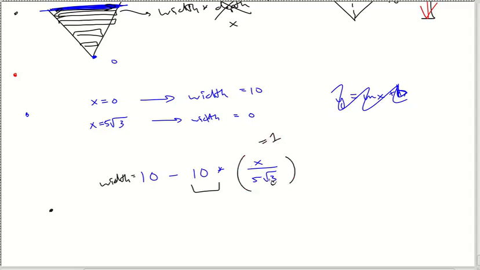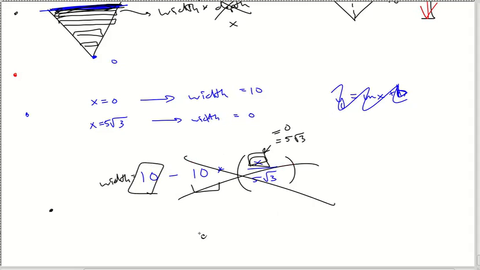If this guy's equal to a 1, what's going on is that this right here must then equal the 5 square root 3. Therefore, 5 square root 3 and 5 square root 3 cancel one another out, leaving a 1. 10 times 1 is 10. 10 minus 10 is 0, which gets us that 0 at the bottom. But what if I had plugged in instead a 0 here at the very top? Then this whole thing cancels, and it leaves me with a width of 10. And so that formula works on this situation.